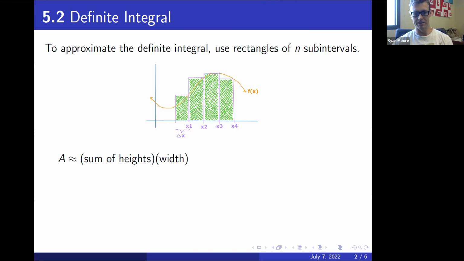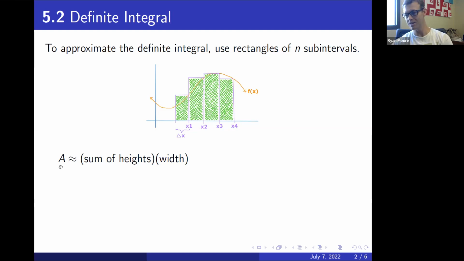When we did those Riemann sums, this is basically our approach. When I say the area here, I'm talking about the sum of the areas of all of these rectangles. Actually, let me take that back. A is the exact area of that curved space.